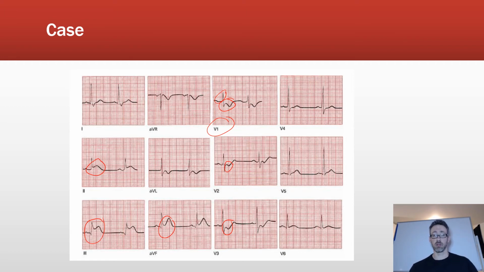So it's possible, it's not definitive, but it's possible that you have what looks to be an inferior STEMI, possibly an inferior posterior STEMI, because it might be including the posterior as well. V2 and V3 are also somewhat depressed, which could just suggest that these leads are in a position that's somewhat reciprocal to 2, 3, and AVF as well.